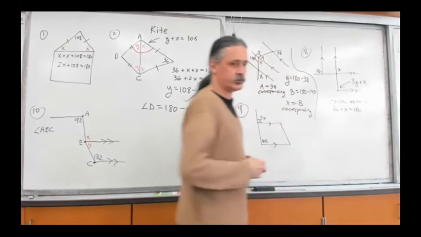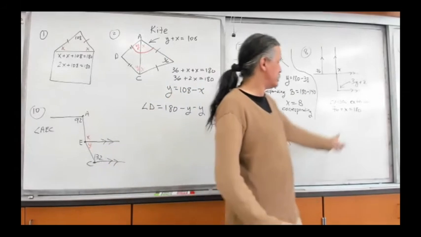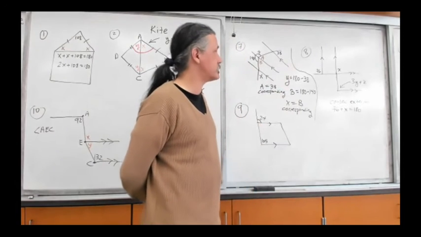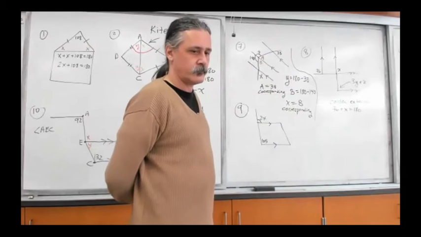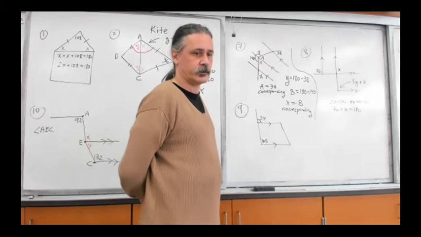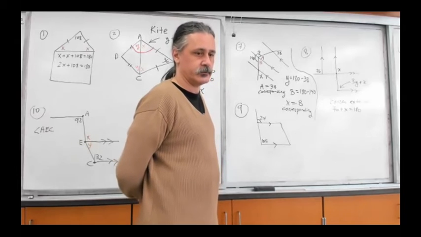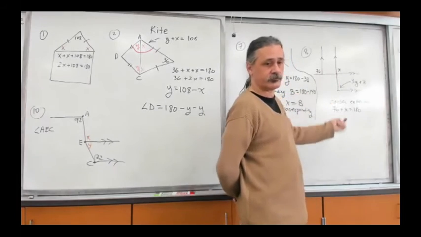And again, if you want to do the shortcut, subtract from 180, that's okay, because that's really what you're doing when you solve this equation, 180 minus 76. So we got X very quickly, recognizing that X and 76 were consecutive exterior angles. So since the lines were parallel, they're supplementary.